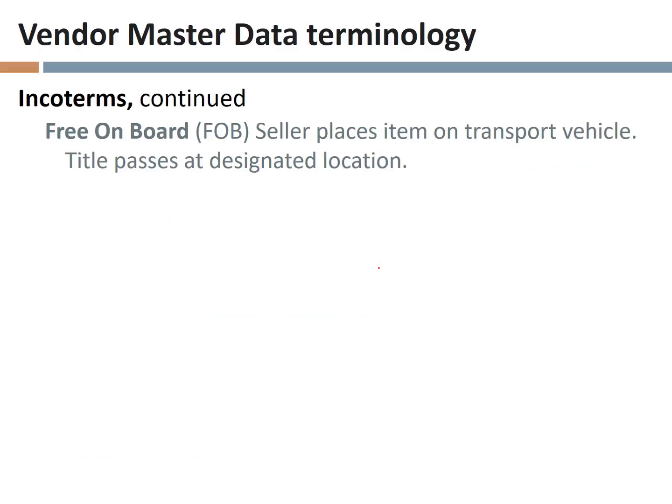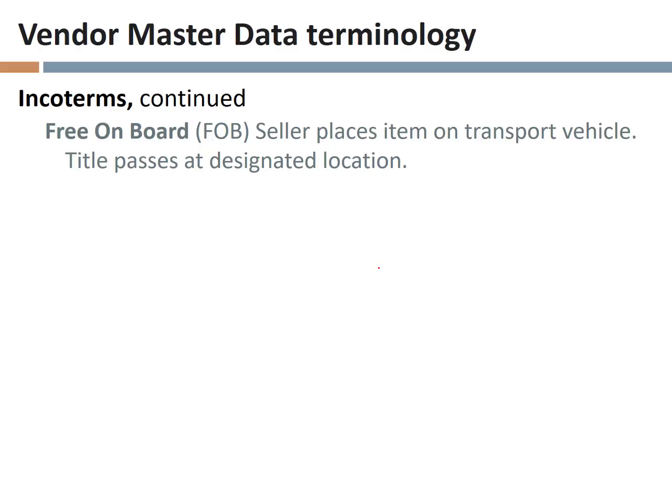Free on board is perhaps the most common one that you will see. In free on board, the seller puts the items on a transport vehicle, and then there is a designated location specified where the title will actually pass. Now, this can be written either very generically or very specifically.